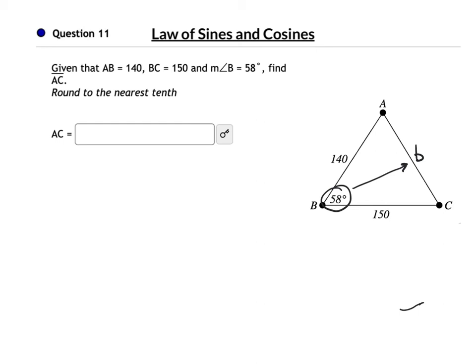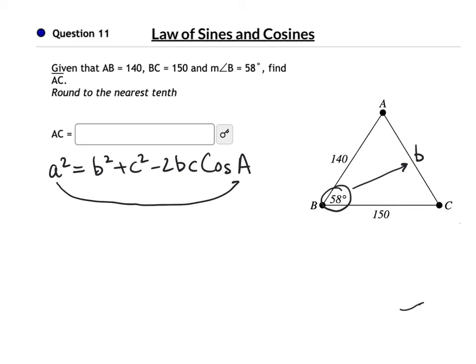So this is the first case. The way it works is that the side we begin with and the angle we end with have to be opposite each other. Since we're looking for the side of length b, we're going to end with the cosine of 58.